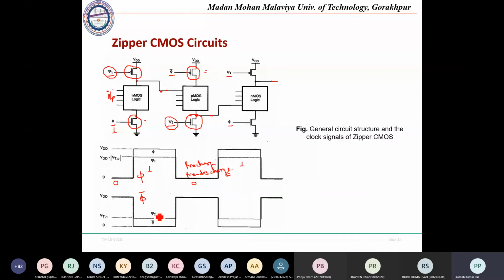Similarly, for phi 2 we use a value near the threshold voltage of this PMOS and NMOS transistor, so that during the evaluation phase we make the discharge and pre-charge transistors work in the near threshold region.